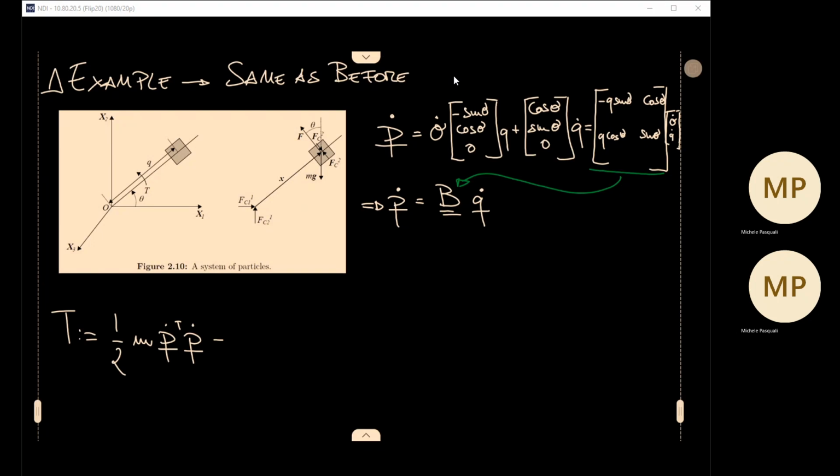And this can be written, introducing this, as 1/2 m q dot transposed, B transposed applied over B, applied over q dot.